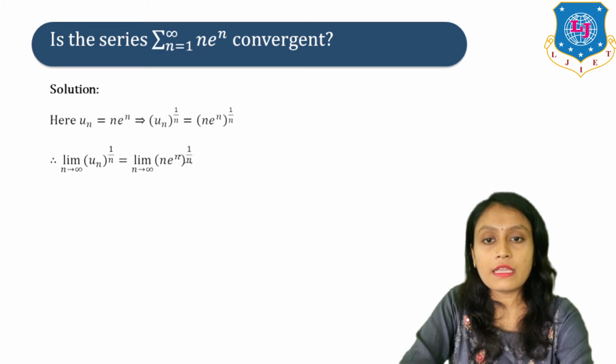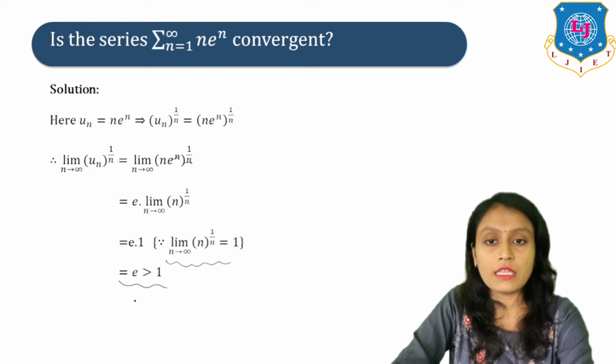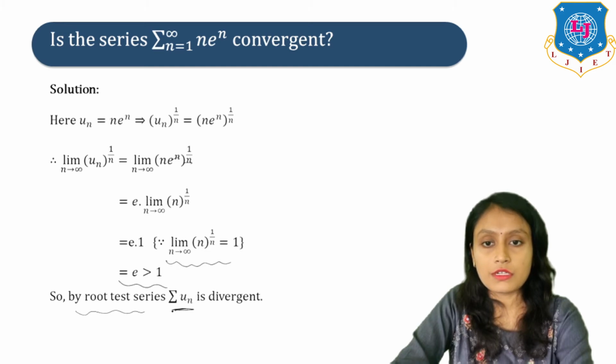Now this n will get cancelled and e we will take out of the limit. So we have e into limit n tends to infinity, from here we have n raised to 1 upon n. Okay, and we know this limit n tends to infinity n raised to 1 upon n equals 1. Okay, so here we have e into 1, that is e, which is greater than 1. Okay, so we can say that by root test this series un is divergent.